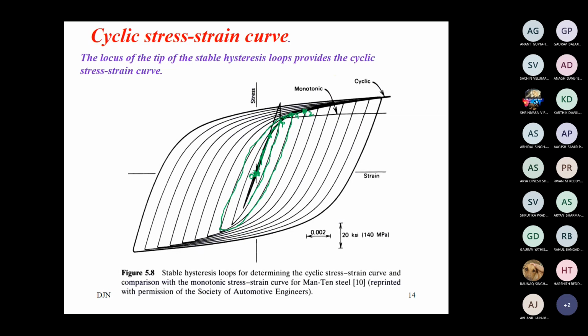You have the next hysteresis loop. So like this, for different magnitudes of intervals, you have the monotonic curve here. I will draw the monotonic curve. This is maybe the monotonic curve.